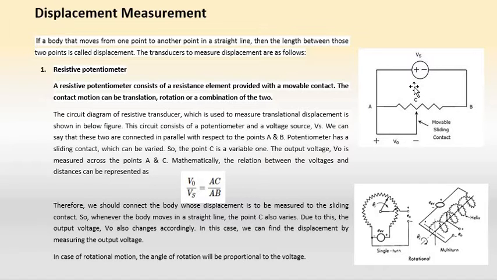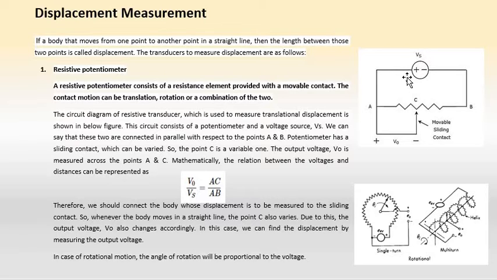From this figure you can see that there is a resistance potentiometer, that is, a resistance with a movable contact. The movable contact point is C, this arrow mark is the movable sliding contact, and the two endpoints of the potentiometer are A and B.